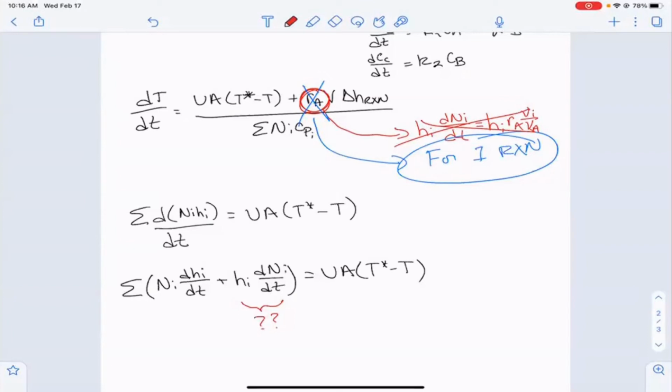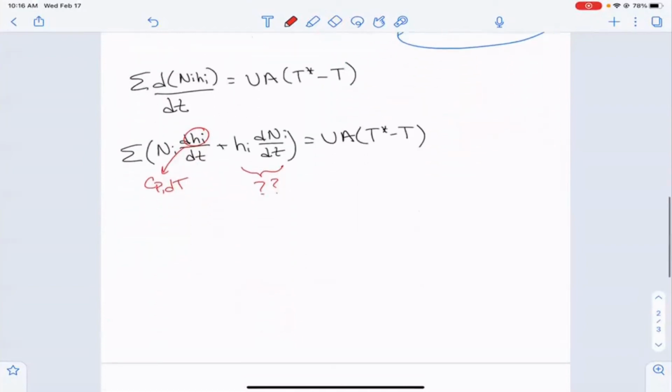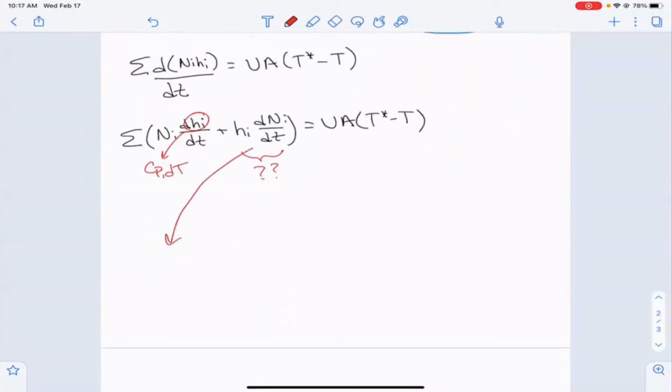And let's of course not forget that this term here is just Cpi dT/dt. So we're going to make the same substitution we did in lecture 14, but we're going to reevaluate this because we have multiple reactions. We really just need to look at this sum of Hi dNi/dt. Remember above, dNi/dt is just equal to Ri V, that's just the mole balance for a batch reactor.